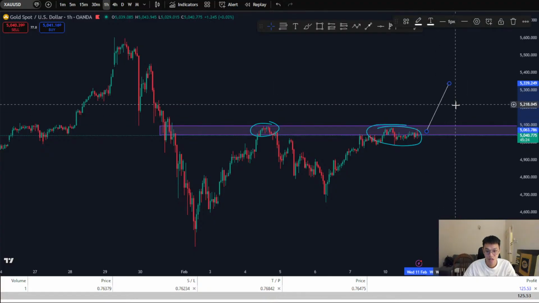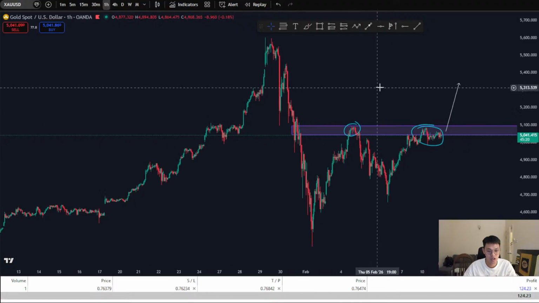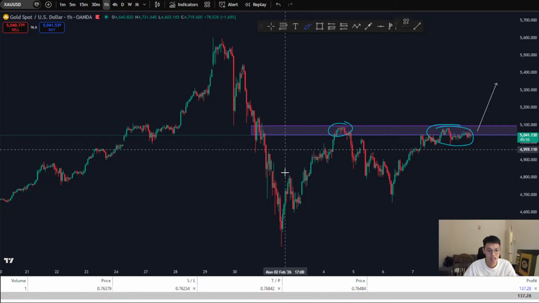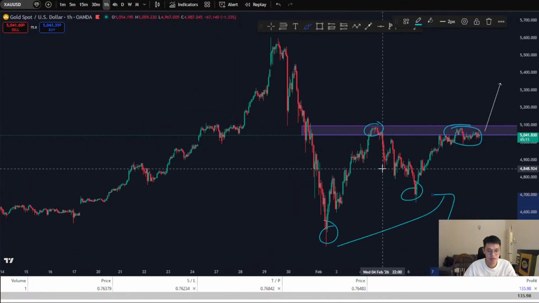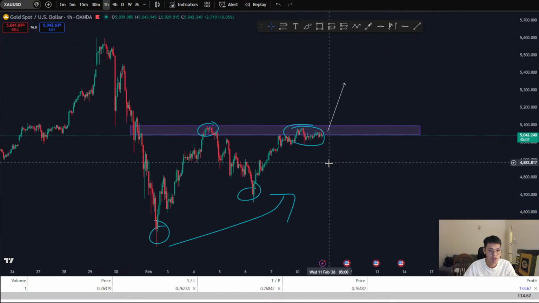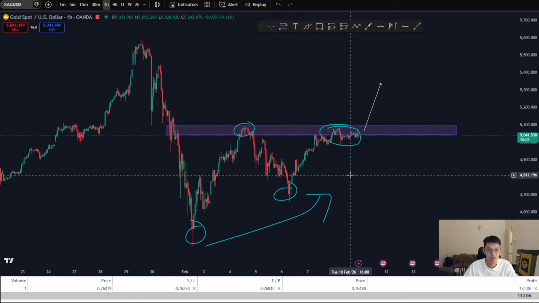Then for the second thing, if you look at the structure in the 4-hour chart and the 1-hour chart, you may see there is a higher low, which means the price already has the patterns of an uptrend structure.